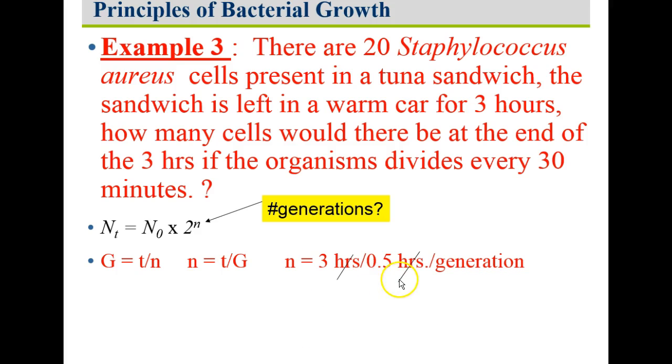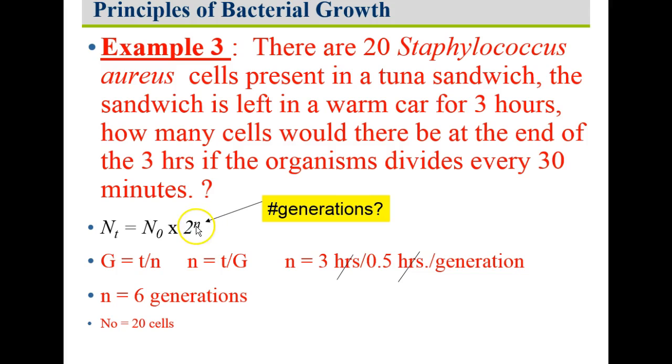As we plug in the numbers, notice that hours cancel, leaving us with generations as the only unit. 3 divided by 0.5 will give us 6 generations. N equals 6 generations. Now we have all the needed parameters.